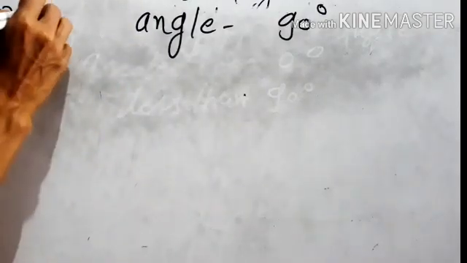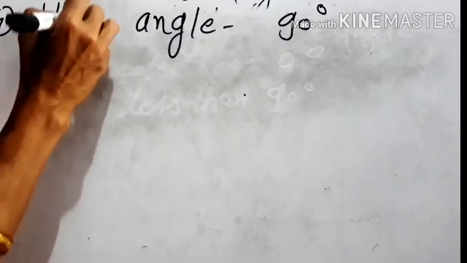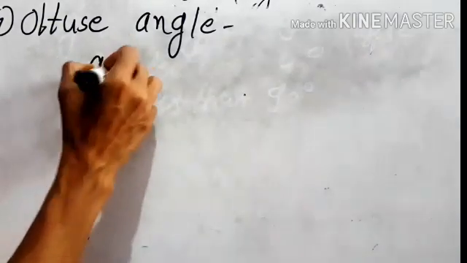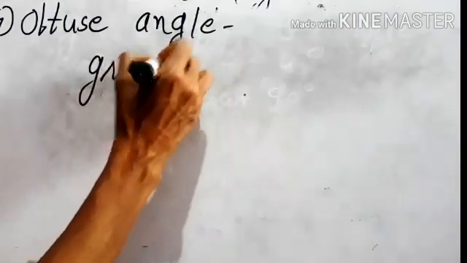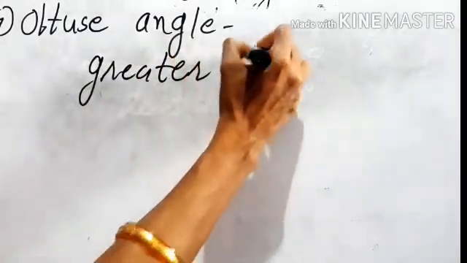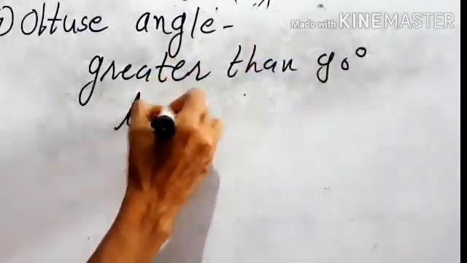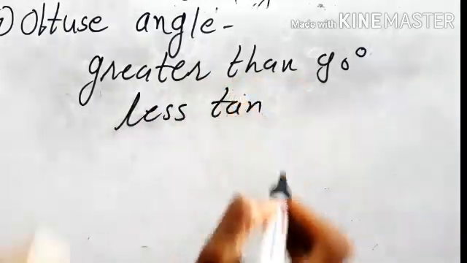Our fourth type is obtuse angle. Now obtuse angle means an angle which is greater than 90 degree but less than 180 degree.